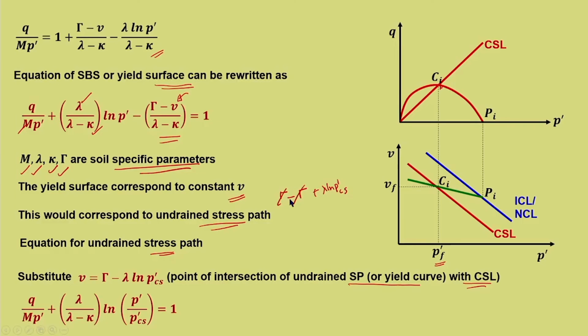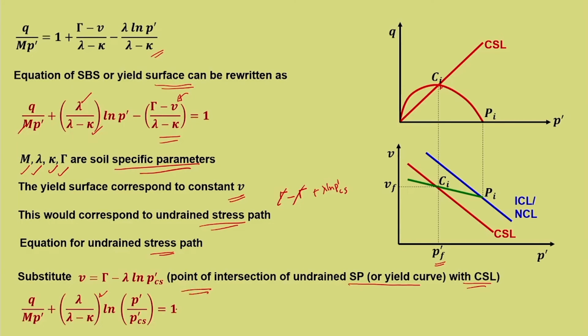Now gamma gamma goes away, it is plus ln p dash cs minus, it will become minus lambda ln p dash cs. Now when we put it here, it is the same lambda by lambda minus kappa, and in that case we can take this particular parameter outside, then it will be ln p dash minus ln p dash cs. So that will give ln p dash upon p dash cs.